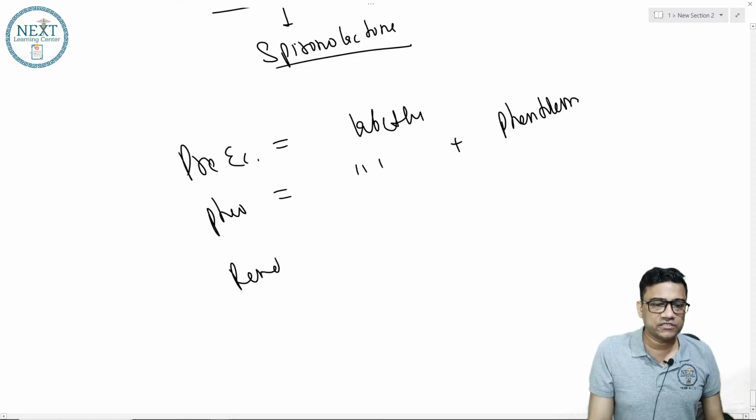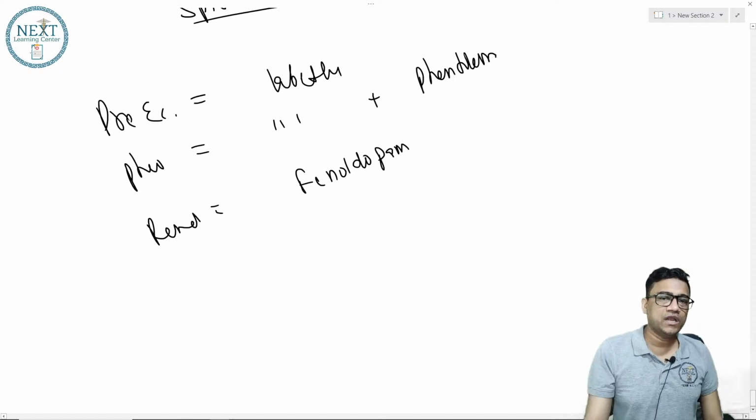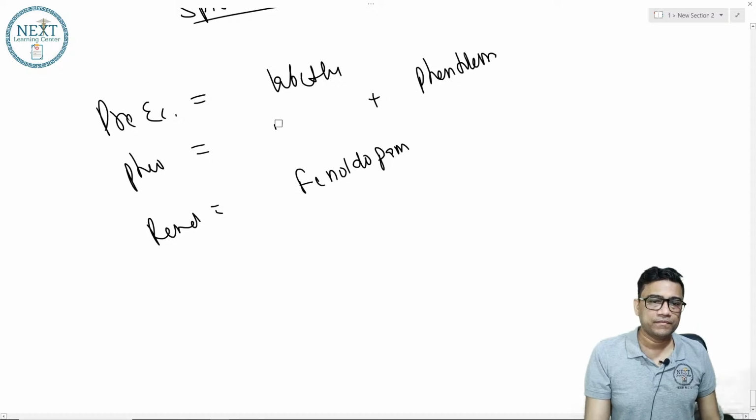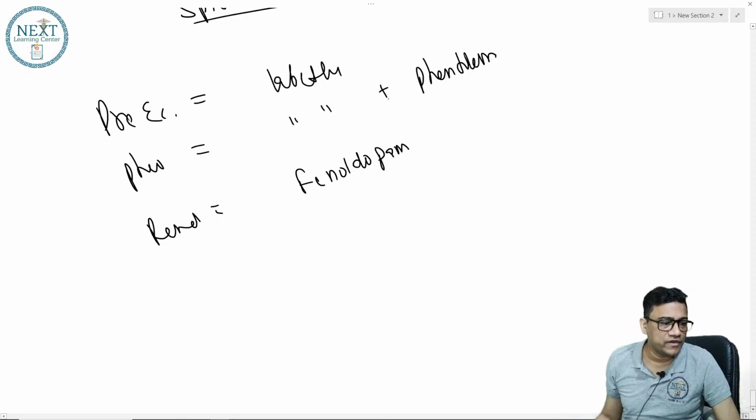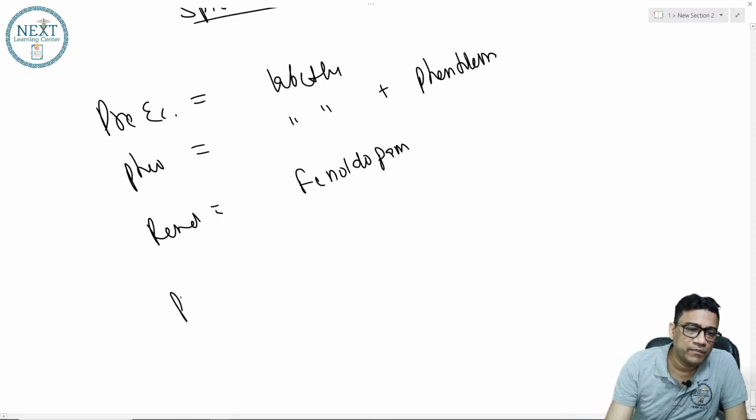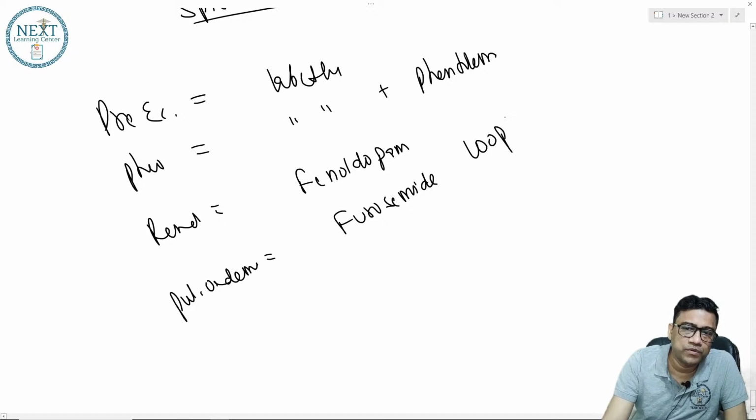If renal disease with hypertension, fenoldopam. If pulmonary edema, then we will give furosemide, which is a loop diuretic, plus nitroprusside.